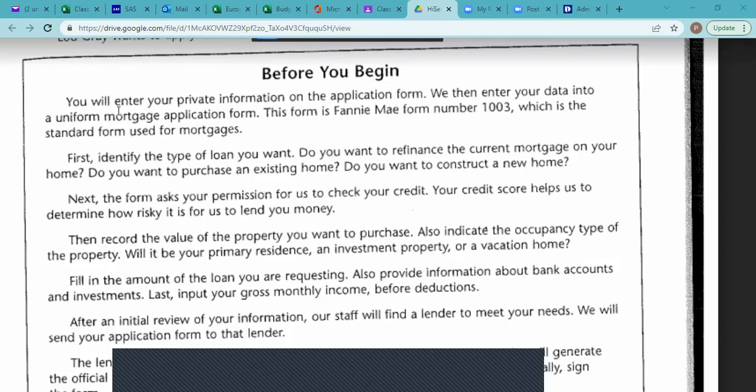Okay. All right, let's go to number 2. It says, read the sentence. Then the lender will generate the official 1003 form. Which of these has the same meaning, a synonym, as generate, as it is used in the sentence?